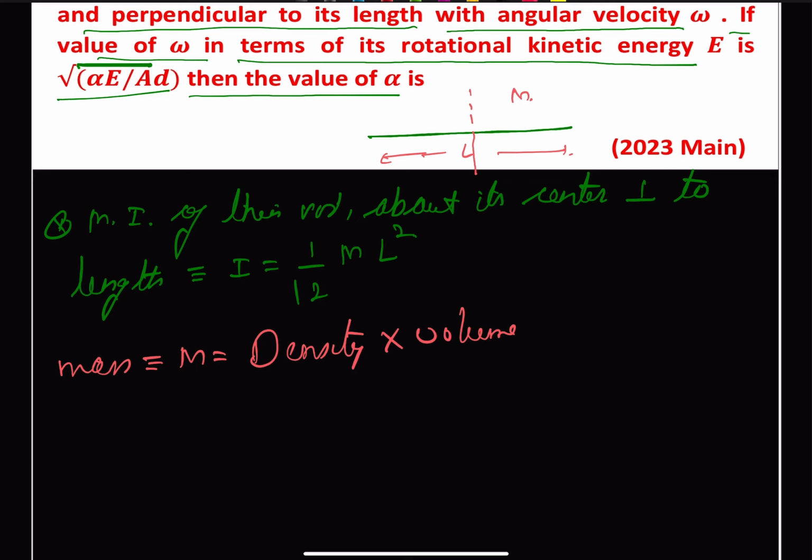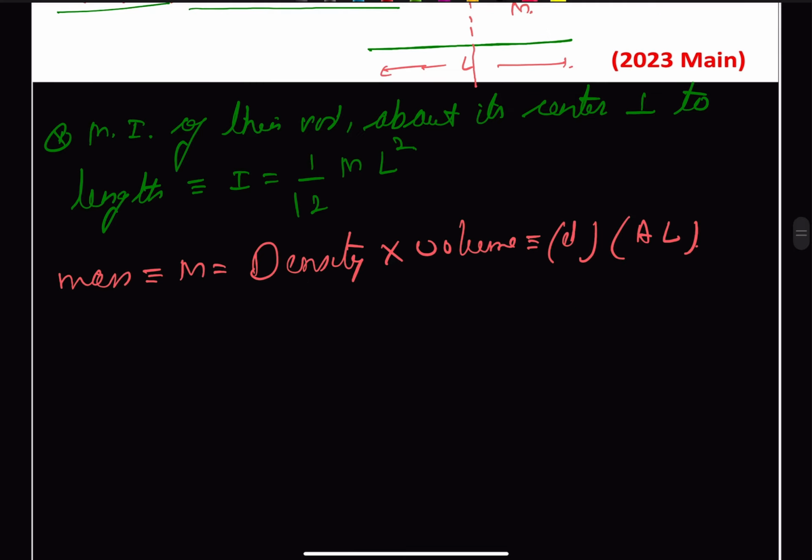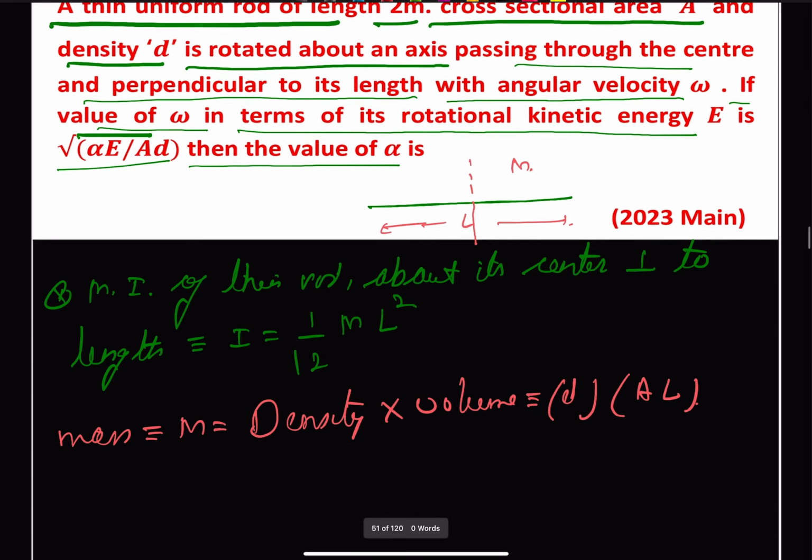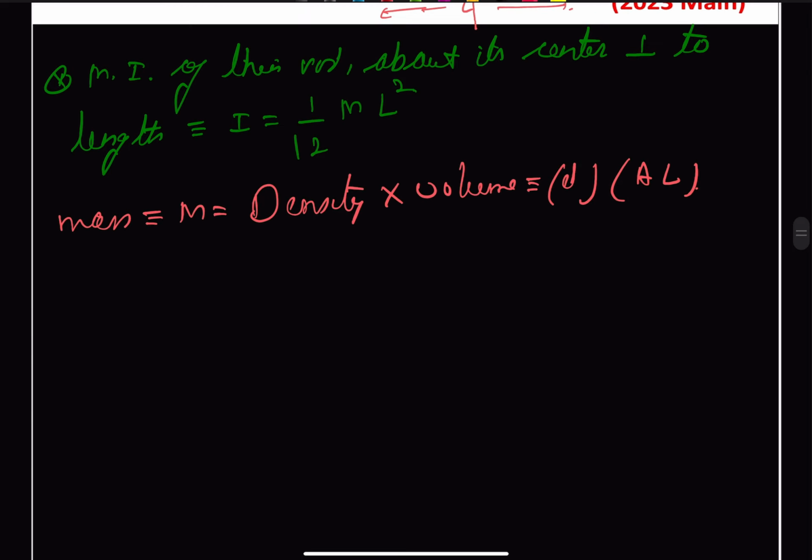Density is given to us as D, volume will be equal to area multiplied by length. Length is 2 meter, therefore we can say our mass m will be equal to 2AD.